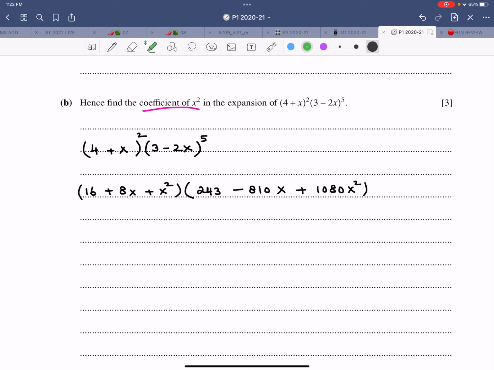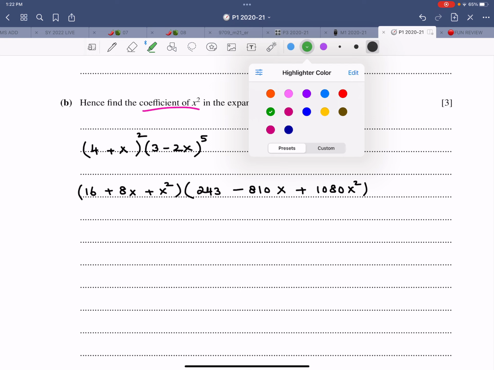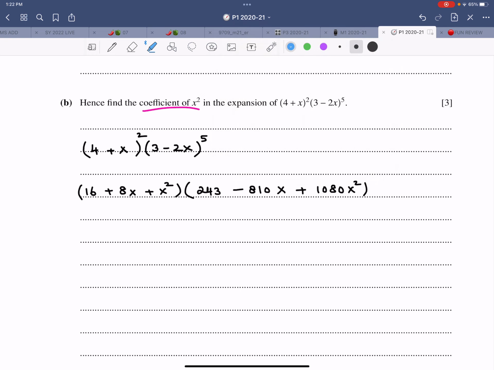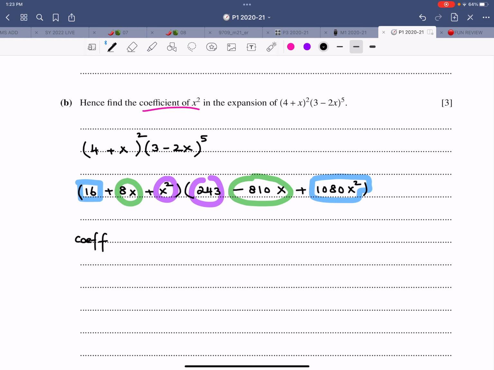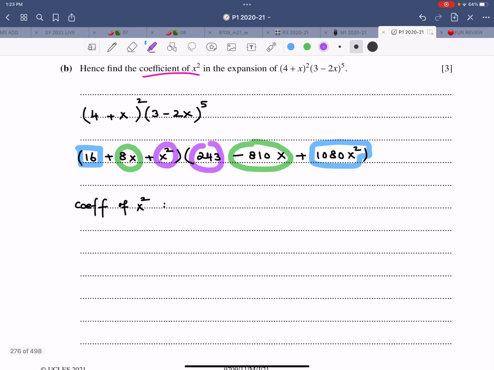So let me grab three colors, and the blue one. Multiply the 16 with the 1080x square, similarly multiply the 8x with the negative 810x, and similarly multiply the x square with this. So when we write the coefficient of x square, let's color code it.